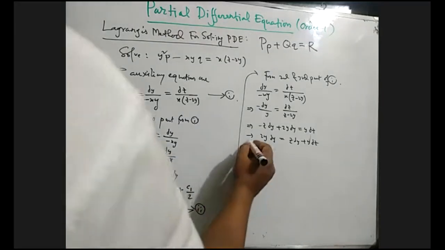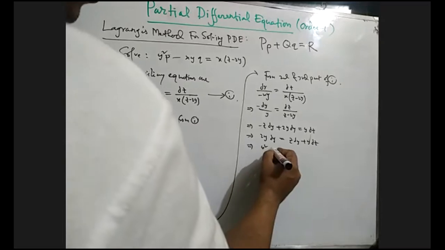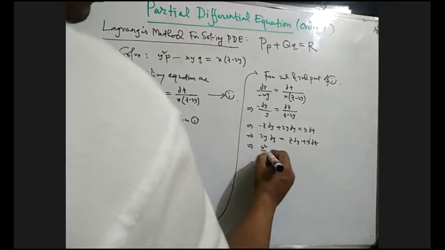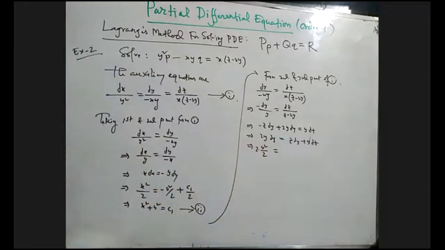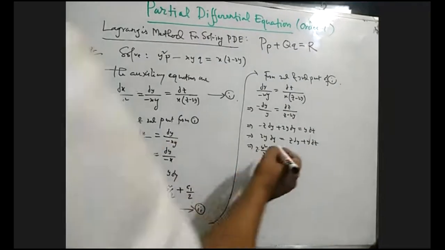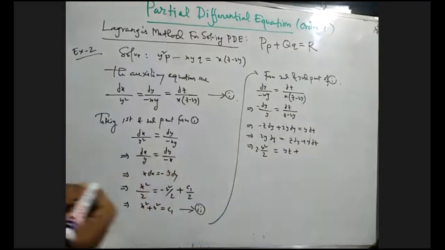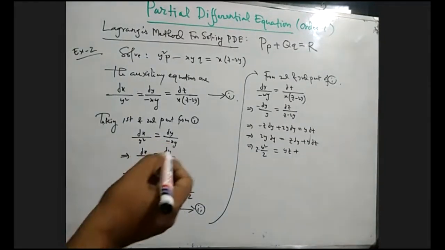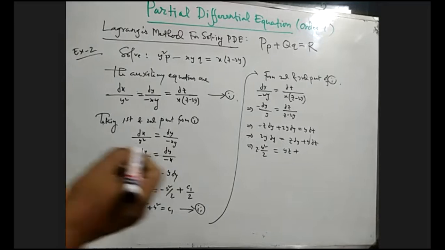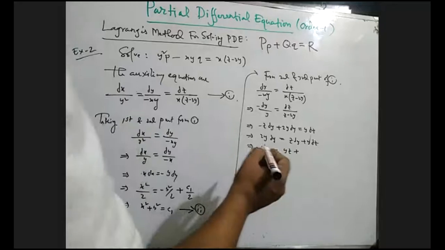Now integrating on both sides, y square 2 will be cancelled. This equals to yz plus another constant.